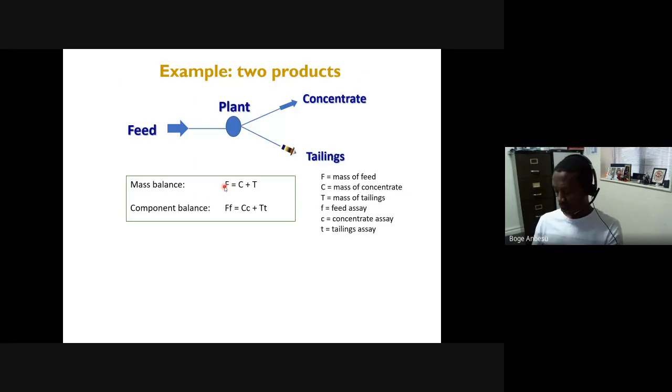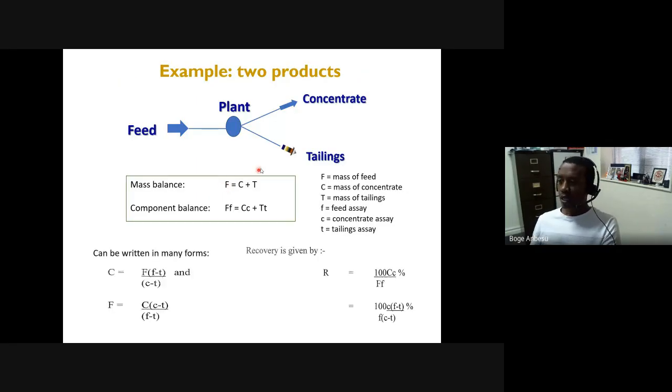We do that almost on daily basis, and it involves something going to the feed, going to the plant, and being recovered into the concentrate and the tails. And the way we do that is we know the masses, okay? Maybe in this case, you take samples from the belt, you know the tonnage on the belt, you can work out feed mass, feed tonnage, or capacity, whatever you call it, and you know how much concentrate was produced, how much goes to the tail.